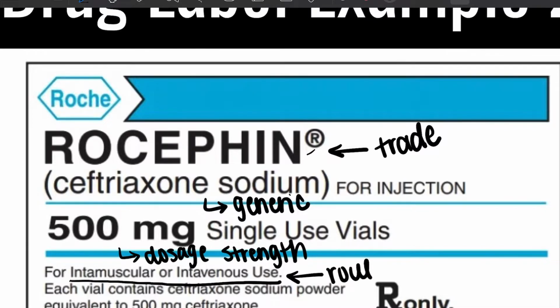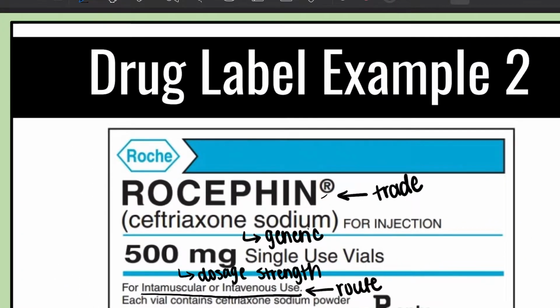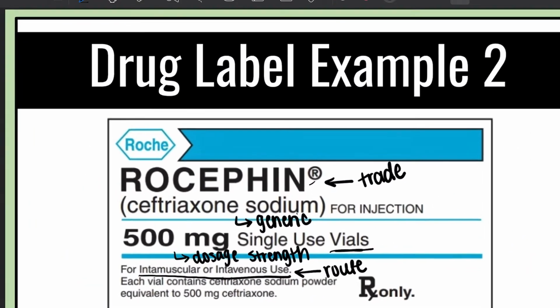Now as far as our amount, this one does not actually tell us what our amount is. So that's not saying how much is in these vials. And this is just because this label is actually for the box of vials that it comes in.